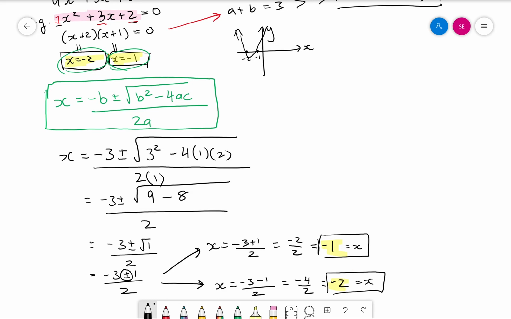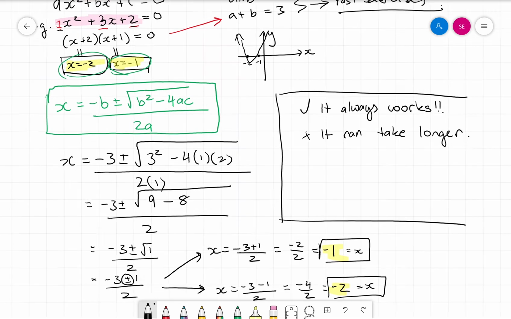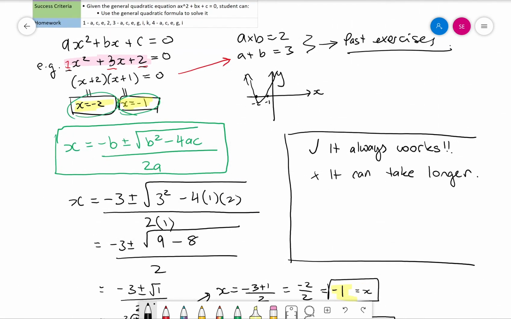So this quadratic formula is extremely useful. The main advantage is it always works. A disadvantage is that it can take longer. If we look at our quadratic equation up here, this isn't super complicated.